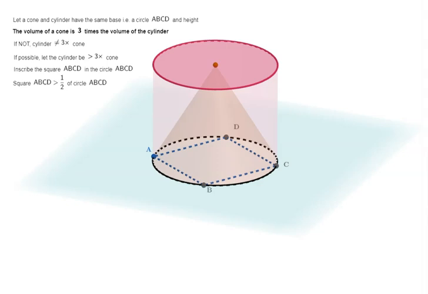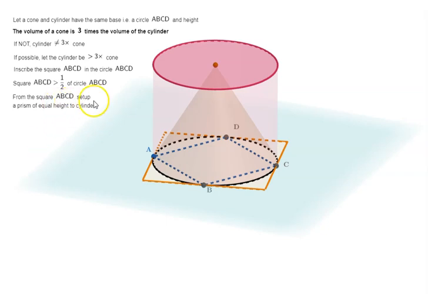Because if we draw a square which circumscribes the circle, then we know that the circumscribed square is twice the inscribed square, and the circle lies between this circumscribed square and the inscribed square. So the inscribed square ABCD is greater than half of the circle ABCD.